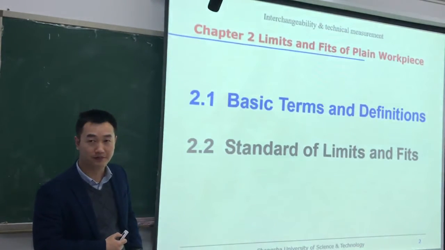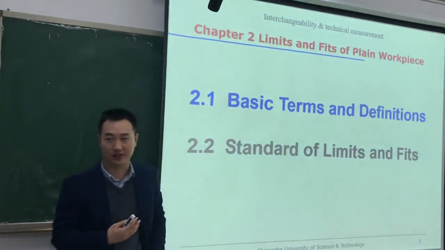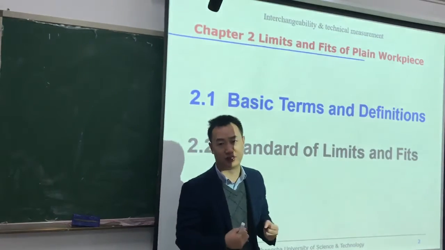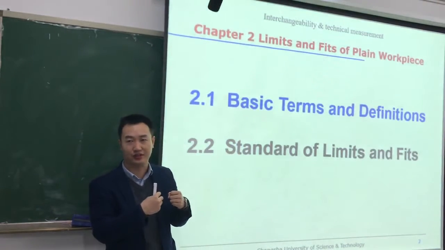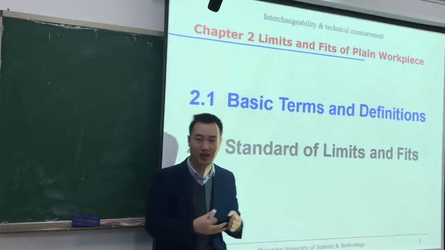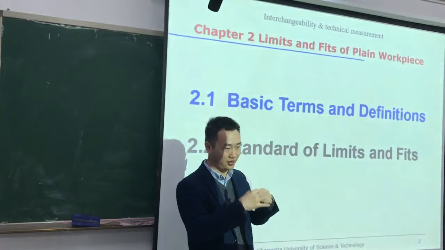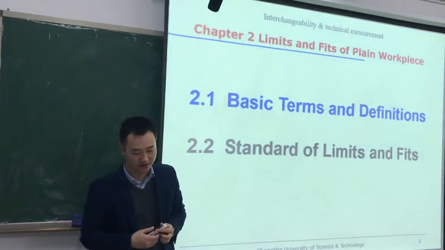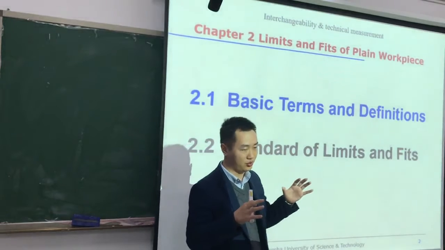You're asking why it is important, right? Because when we connect different workpieces, the tightness of the connection is different. They can be rotated relative to each other, so there is clearance, and sometimes we want to connect very tightly, and then there is interference.